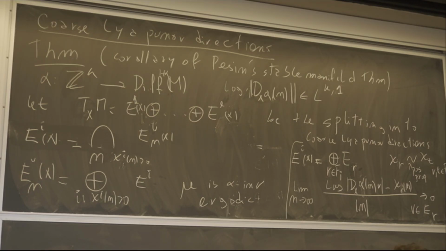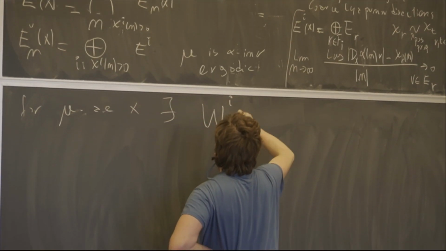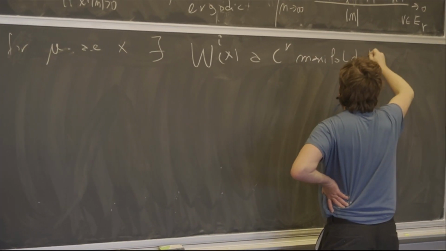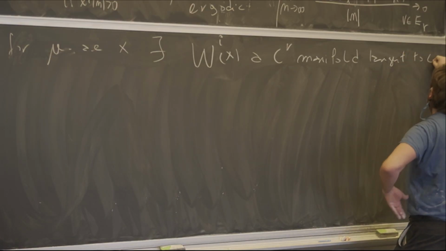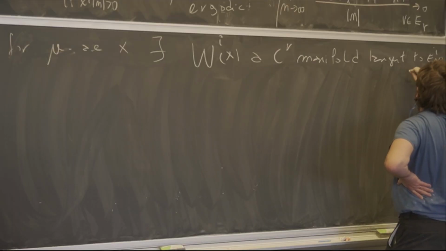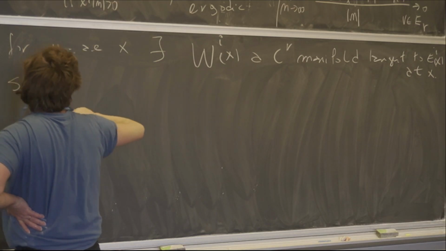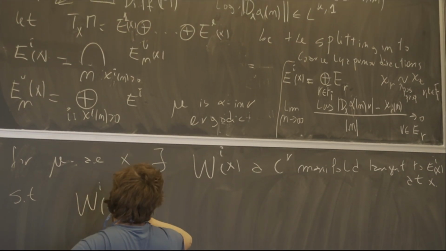Anyway, what the Pesin Stable Manifold Theorem is telling us is that for mu almost every x, there exists a C^R manifold tangent to E^i of x at x, such that I have the same description for this W^i of x, and you could use it as a definition.